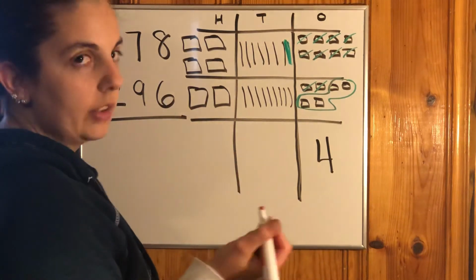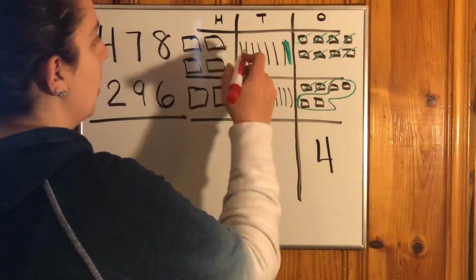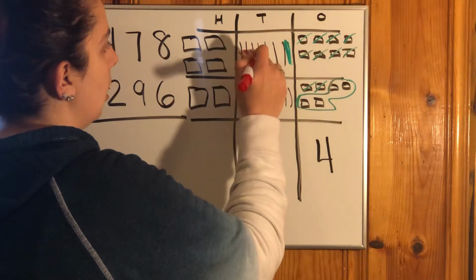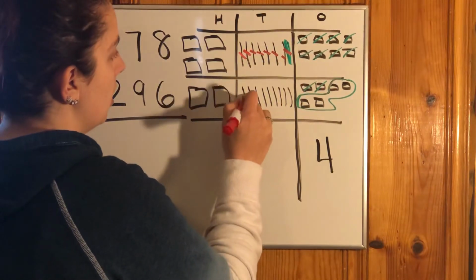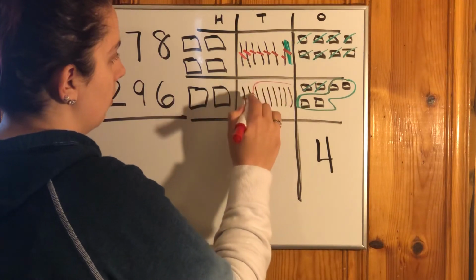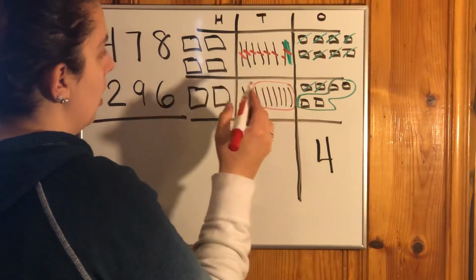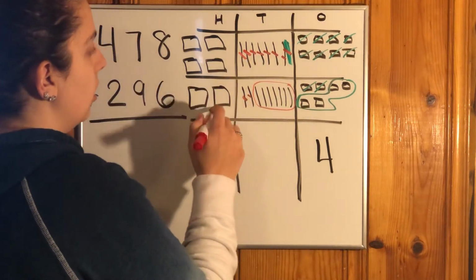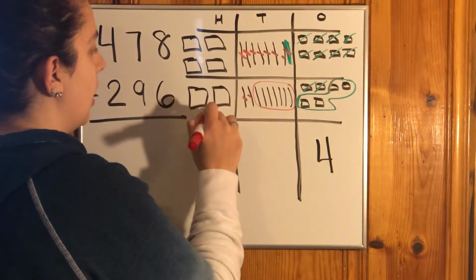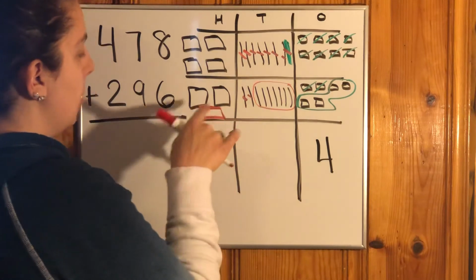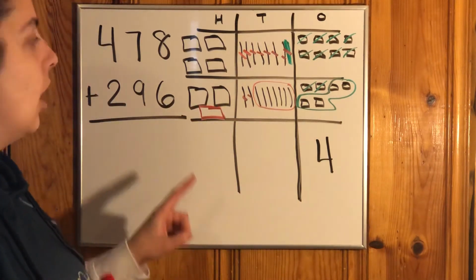So I'm going to cross out 10 tens. 1, 2, 3, 4, 5, 6, 7, 8, 9, 10. So I traded these 10 that I just crossed out in for a 100. I'm going to draw 100 over here.